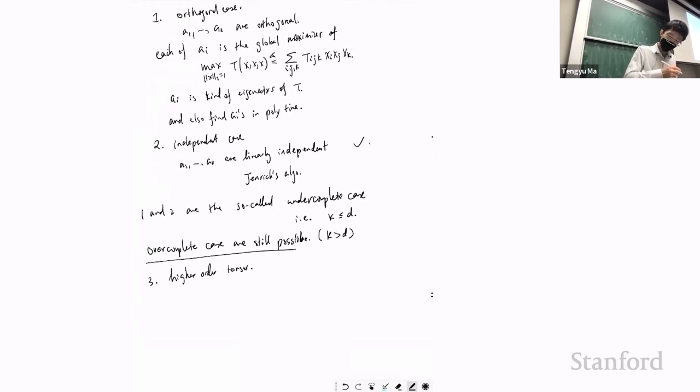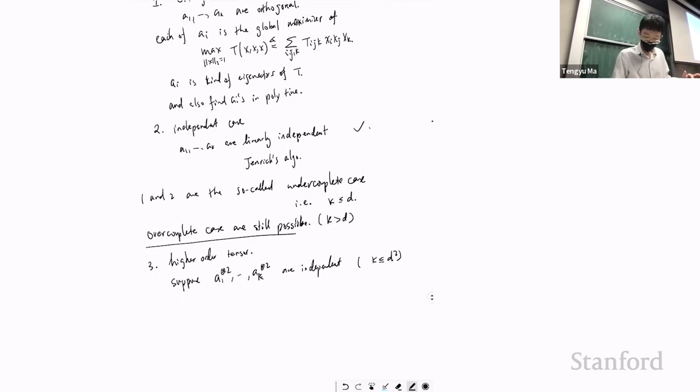Suppose A1 tensor 2 up to AK tensor 2 are independent. This is a much more relaxed condition than A1 up to AK being linearly independent, because now you have a higher dimension. Now this only requires that K be less than d squared.